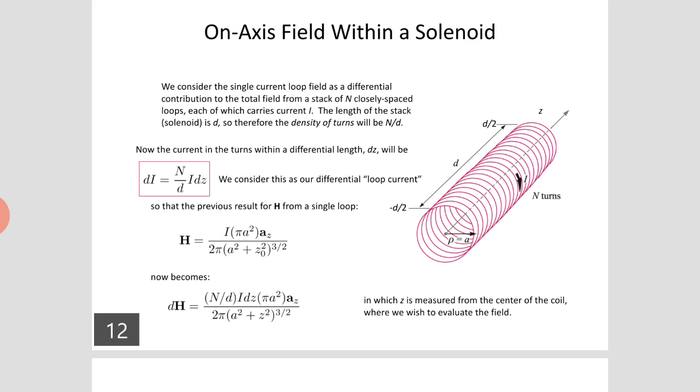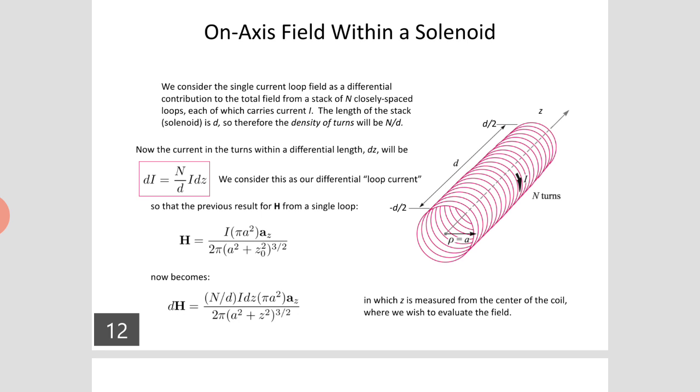So in the solenoid many loops are there, and in that we consider only one single current loop.